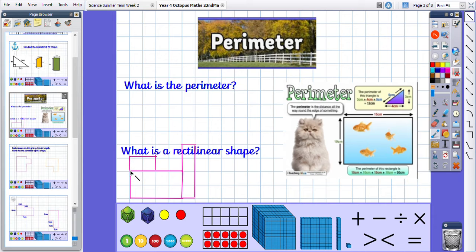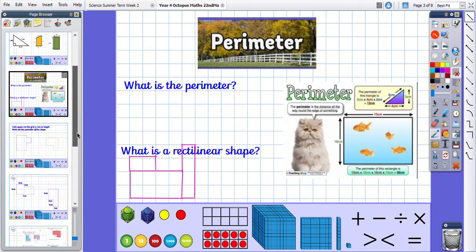So a rectilinear shape is the whole shape together when more than one rectangle has been merged together, put together. So this whole shape, following it round, is a rectilinear shape.